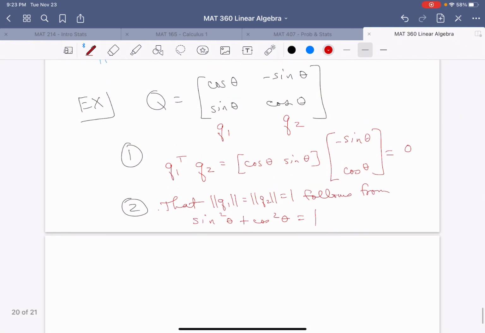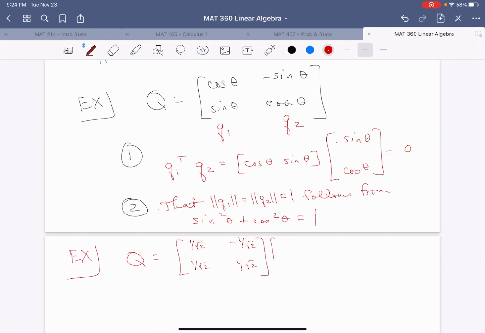Well, let's do this one for the case where theta is 45 degrees. I'll just stick with red. So let's let Q be 1 over square root of 2, 1 over square root of 2, and then negative 1 over square root of 2, and 1 over the square root of 2. So this is essentially that first example where theta is 45 degrees.